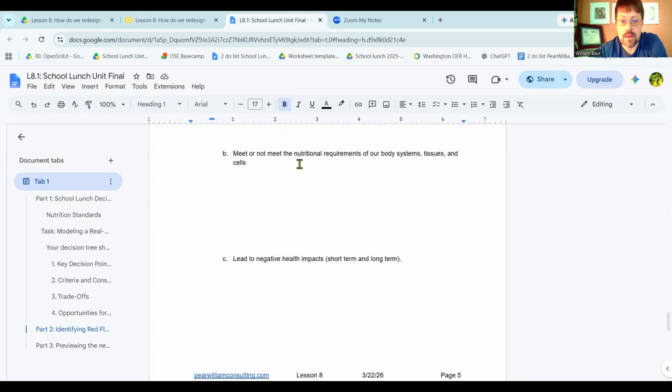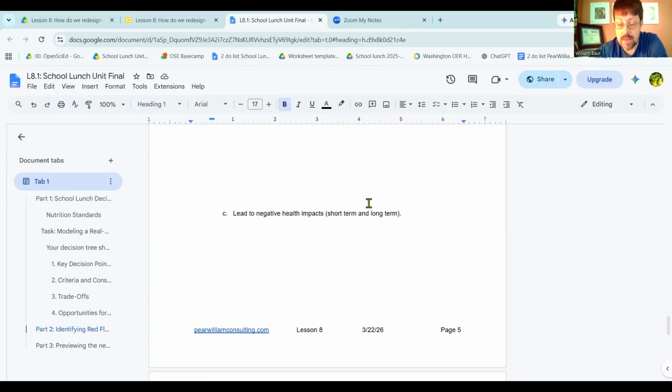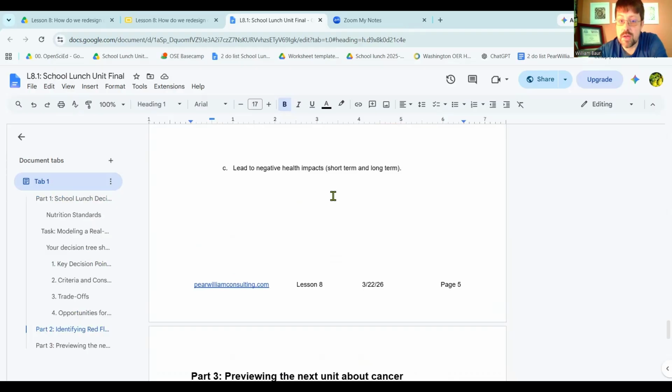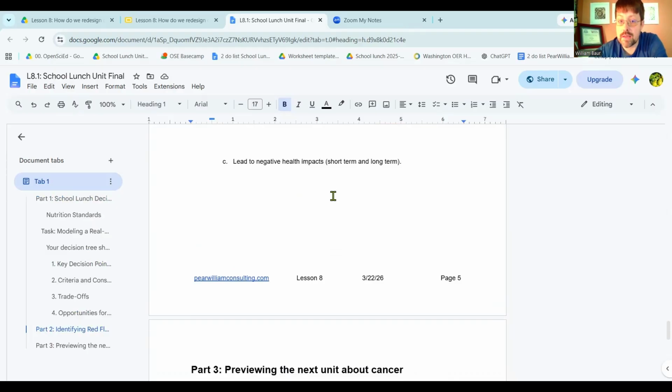And then question B is getting students to think about why we need fats, carbohydrates, and proteins, and a balance of those things, and whether this diet does that or not. And then thinking about any potential negative health impacts of this diet.